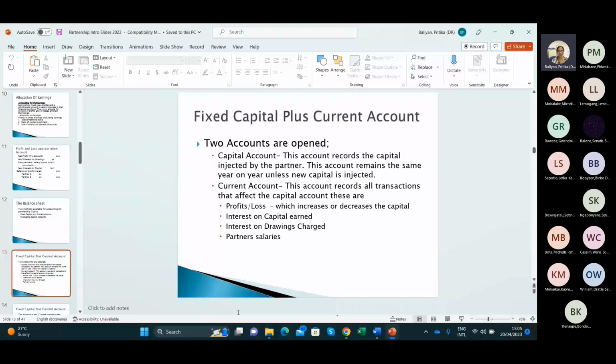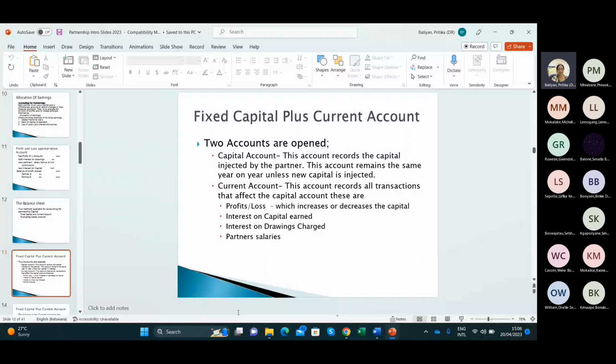Two accounts are to be opened as a capital account and the current account. In capital account, we only show how much capital has been provided or injected by the partner. If they are still the same as per the previous year, we do not show any changes. But if it is an increase or decrease, we show the changes.